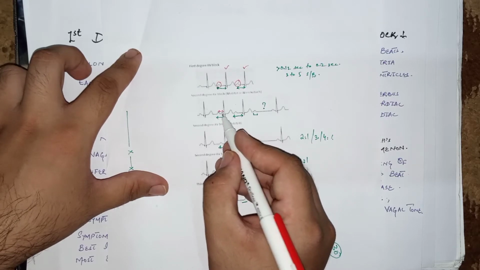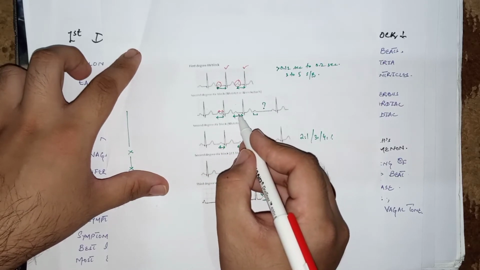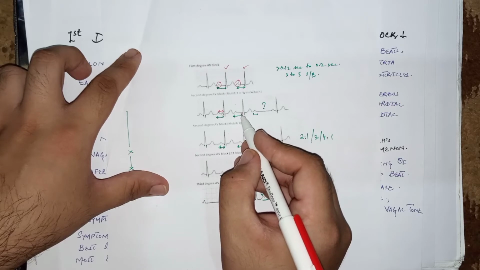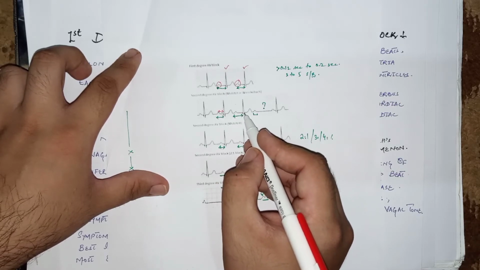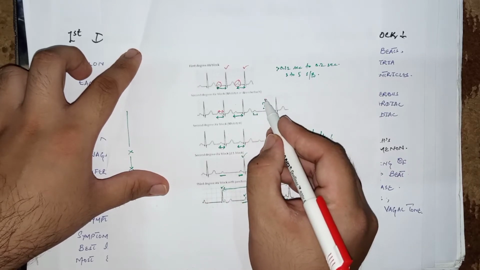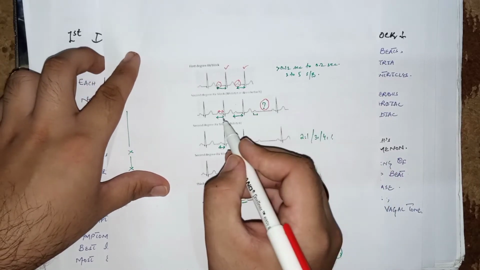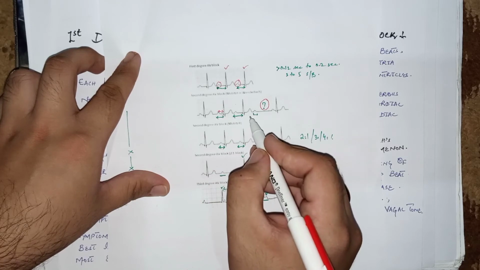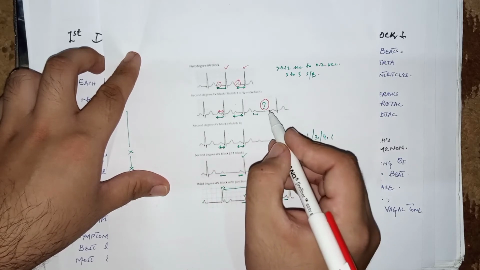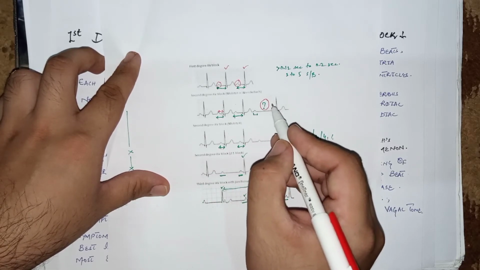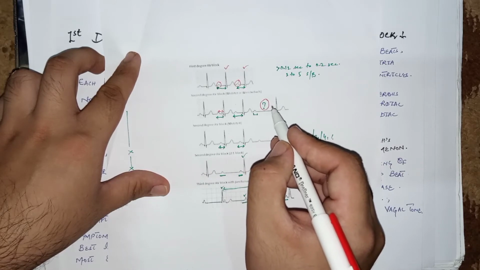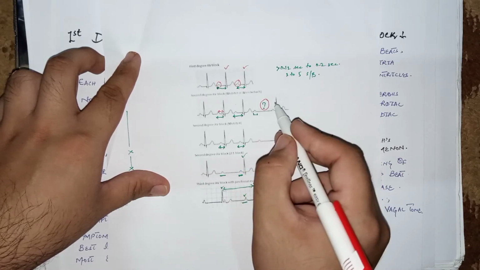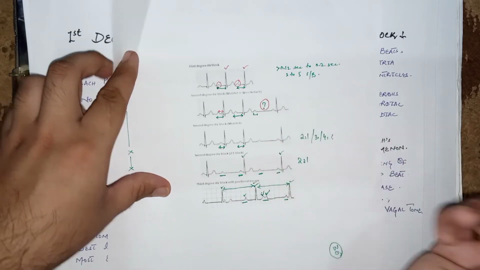This is the PR interval, and here it is lengthened, with more increase in the length of the next PR interval, and then there is a missed beat. So there is progressive lengthening of the PR interval followed by a missed beat. This is called Wenckebach's phenomenon or Mobitz type 1 second degree AV nodal block.